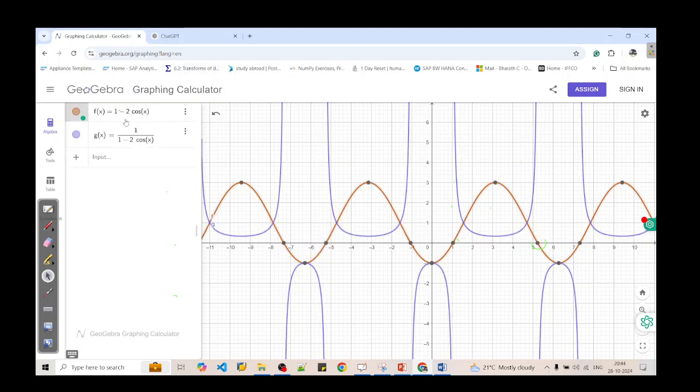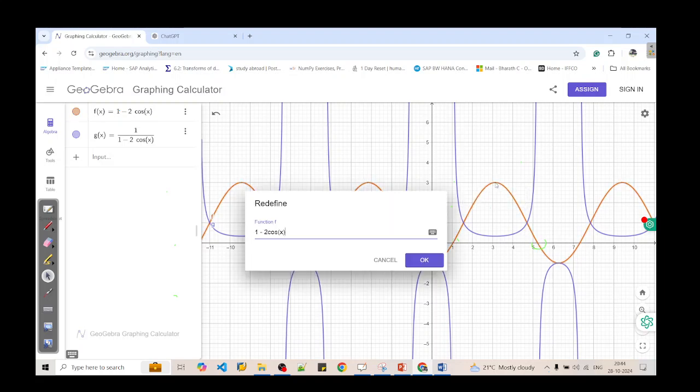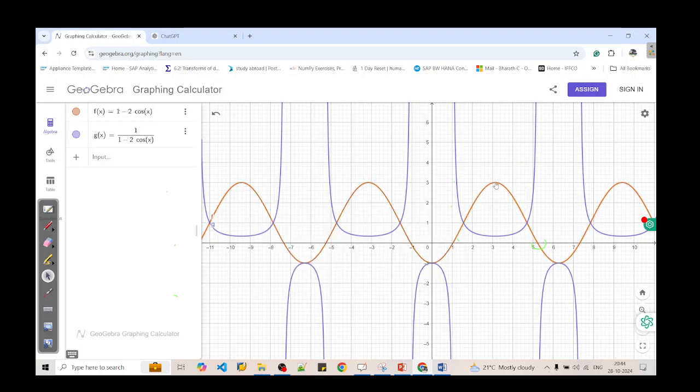So let's take this function 1 minus 2 cos x, the maximum value is 3. When you take the reciprocal of this, 3 becomes 1 by 3. So at this point we can see this curve is 1 by 3, 0.33. So this curve, which is our function, has 1 by 3. So when you take the reciprocal of 3, it becomes 1 by 3.